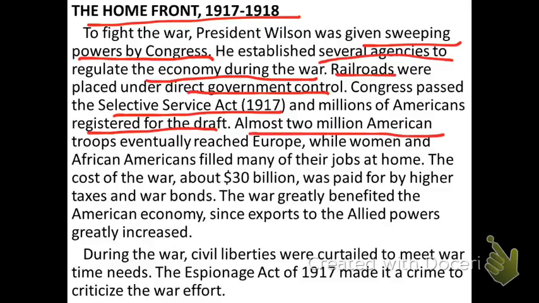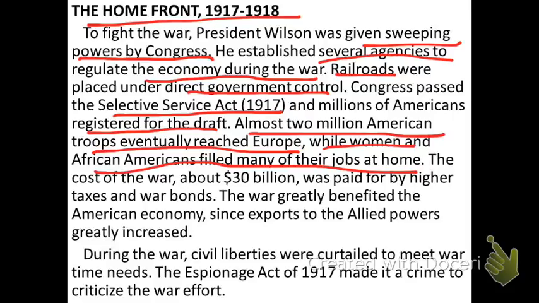And over 2 million troops eventually reached Europe. Not all were drafted. Probably about a fourth were volunteers, but we did draft well over 1 million, probably 1.5 million men. And eventually, of all the men who served, about 2 million made their way to Europe, while women and African Americans filled many of their jobs at home.